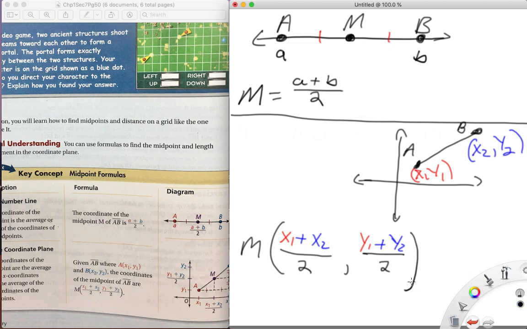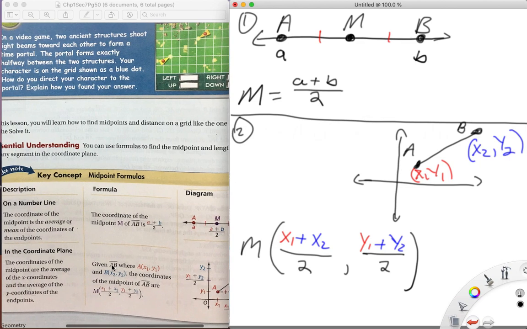That will get us the midpoint as an ordered pair. So this is the midpoint of an ordered pair on a coordinate plane, and the other one is the midpoint on a number line. The book says they're like the averages of the points, which is just to add them up and divide them by 2.